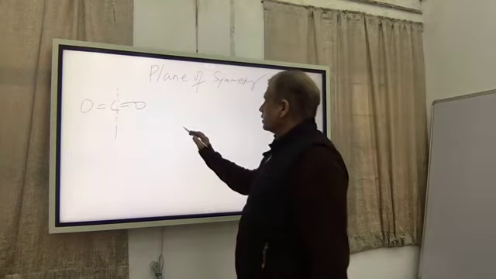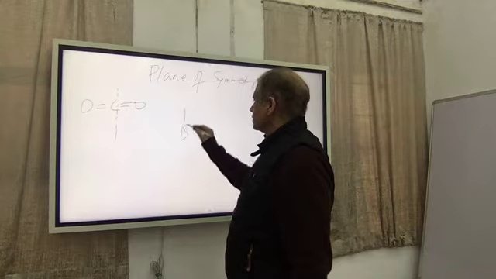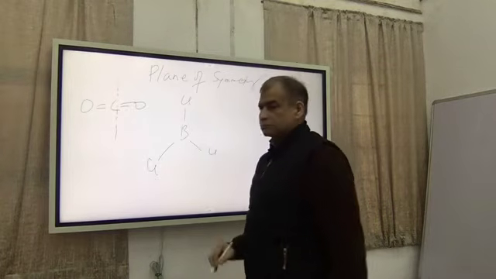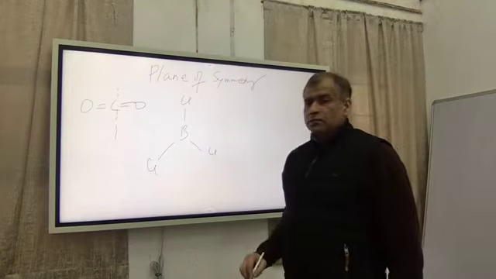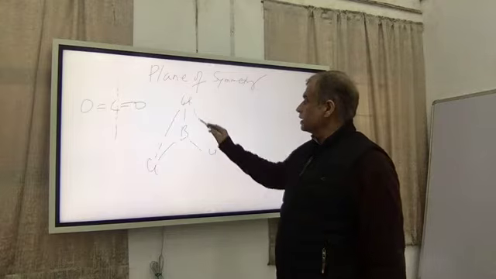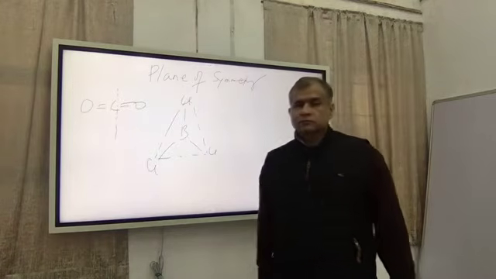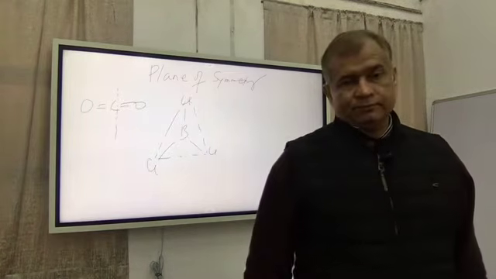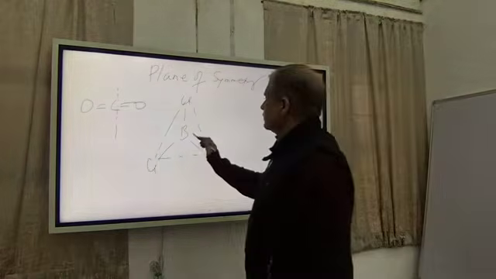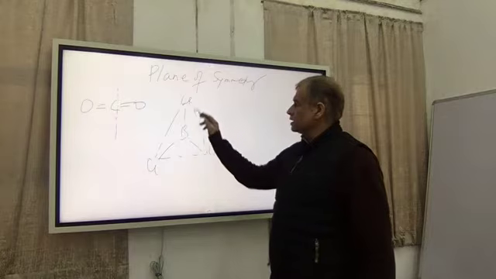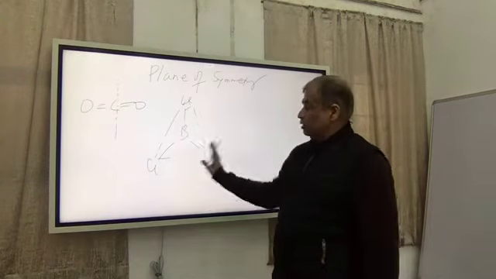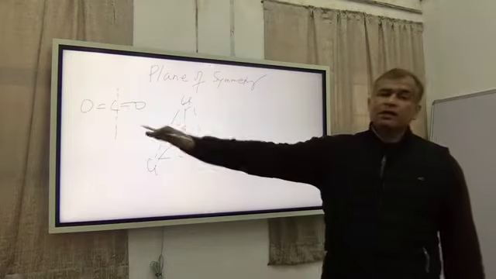Similarly, you go for the BCl3 molecule. So how many planes of symmetry are there? One plane is the molecular plane itself, a mirror plane of symmetry. It is considered as if this boron is a sphere and these are spheres. Then it is actually dividing all the 4 spheres into 2 equal parts.